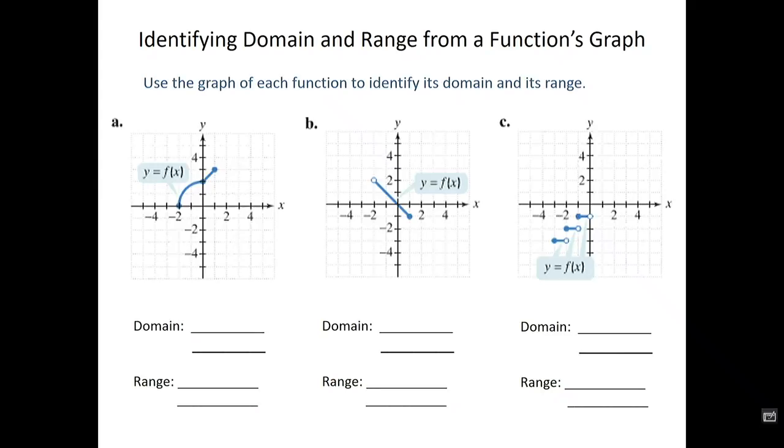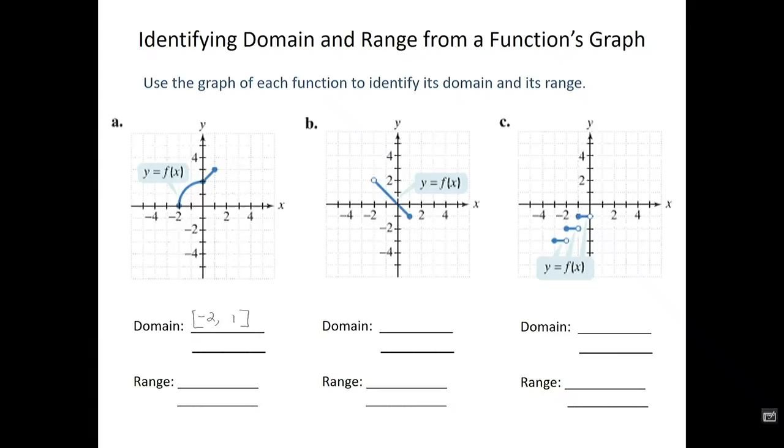It's shaded, so the -2 is included. And we go all the way to 1. So the x values of this function are from -2 to 1.